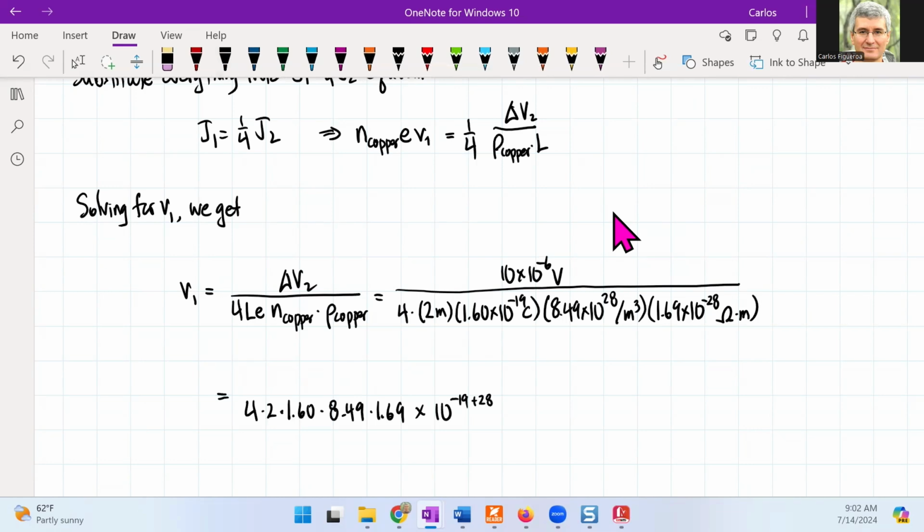Oh, that's a mistake right there. I wrote negative 28. That should be negative 8. And so then this is minus 8. So if I look at this, then this is 10 times 10 to the negative 6, so this is really 10 to the minus 5. Now if you look at this, this is minus 27 plus 28.